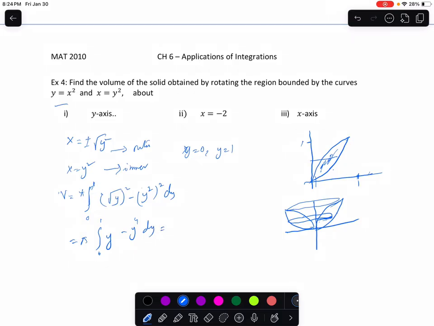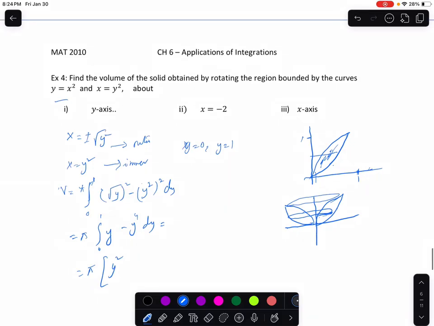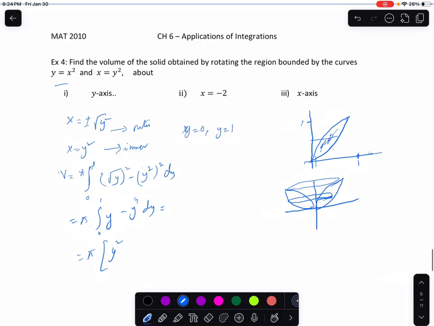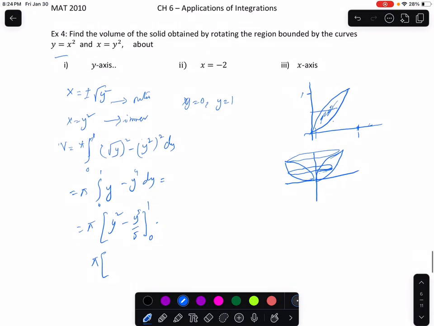Okay, so we get pi into y square minus y to the 5 over 5, the limits from 0 to 1, which will give me pi into 1 minus 1 over 5 minus 0.